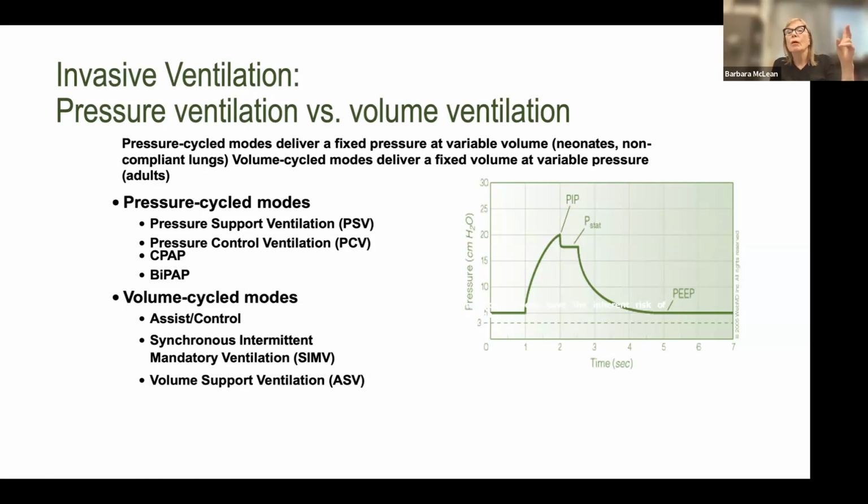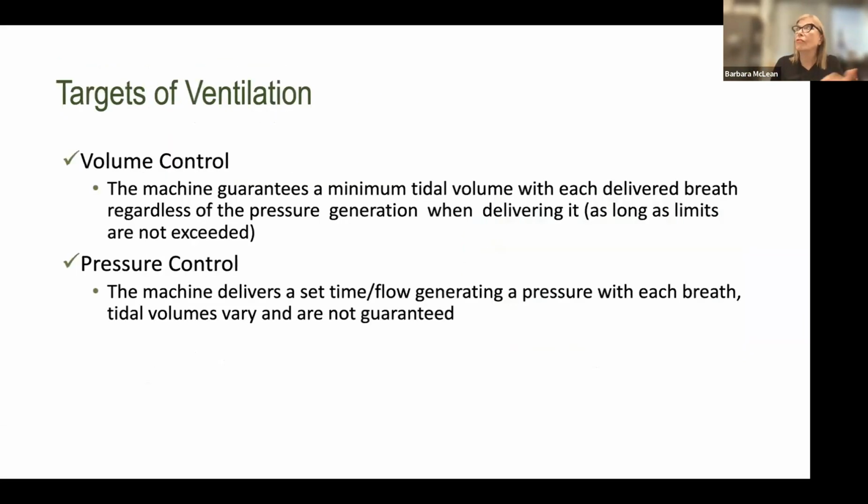Assist control, SIMV, pressure support. What is your target? Volume or pressure? What is your PaCO2? And what is your PF ratio? Okay, those are pretty straightforward. We've discussed all of those thus far.